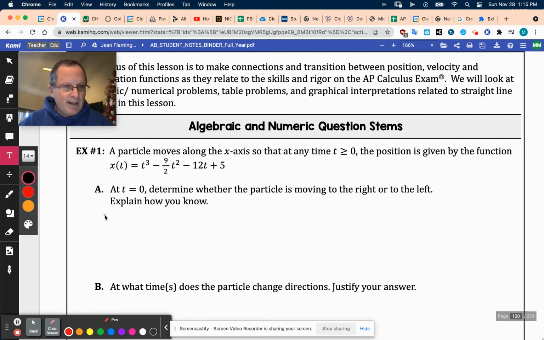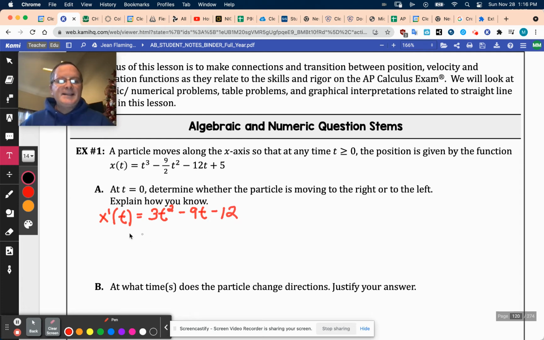So x prime of t is going to be 3t squared minus, if you do the power rule here, the 2's will cancel, and so you'll have 9t minus 12.